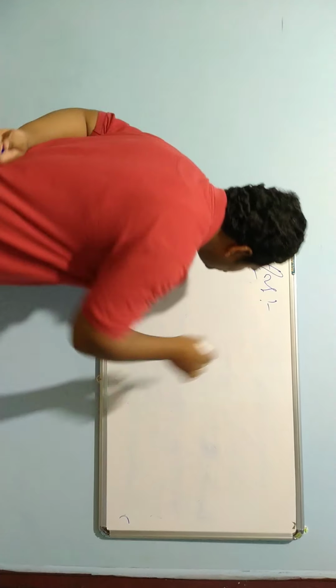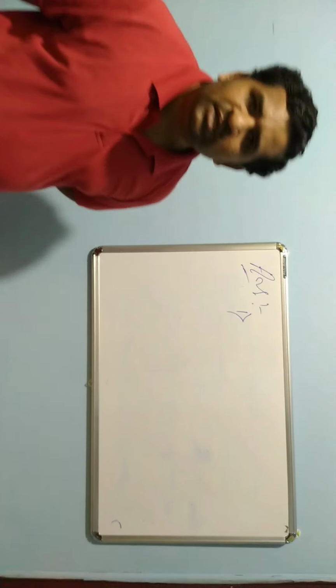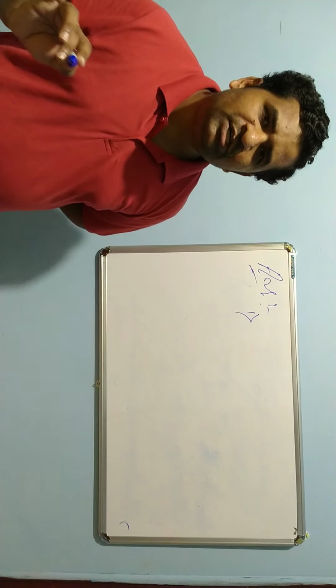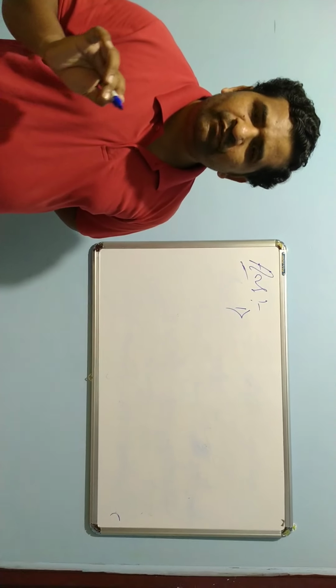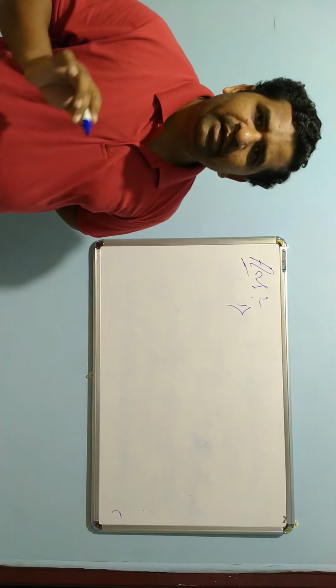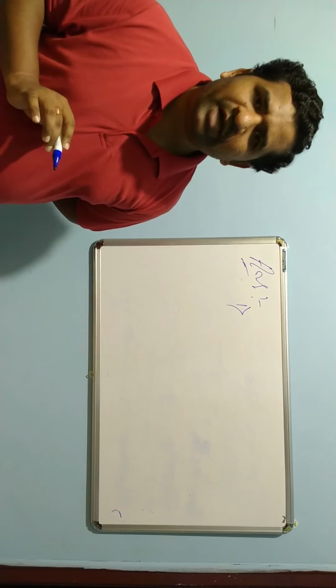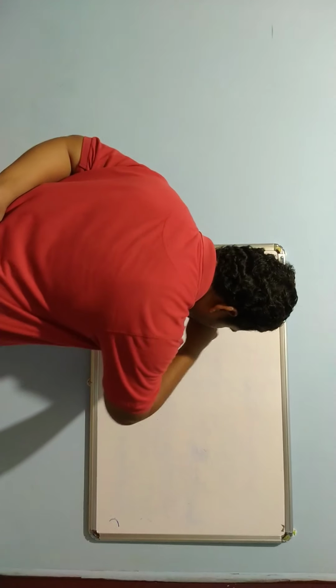The answer for the first one is that, see, if the object is changing its position with respect to a fixed reference point, and it is changing its place with time, then the object is said to be in motion.